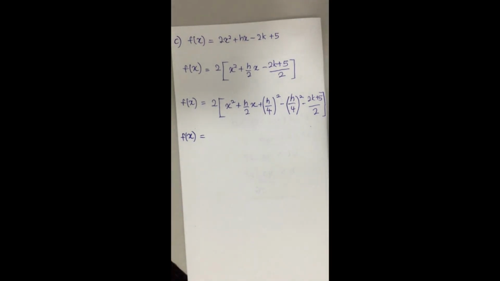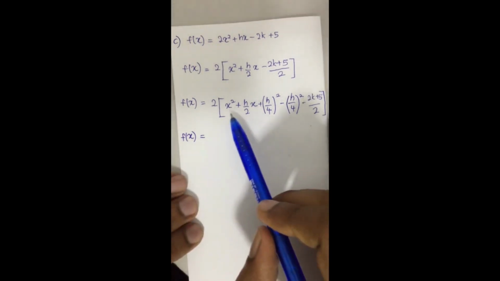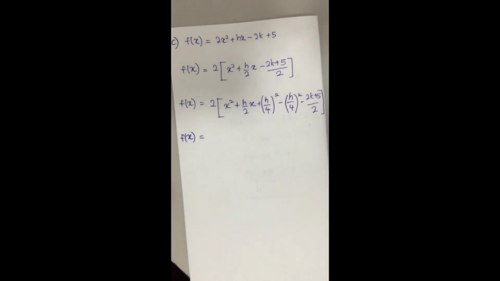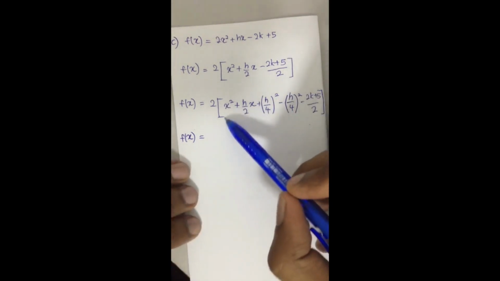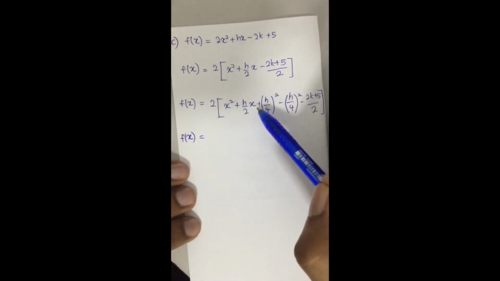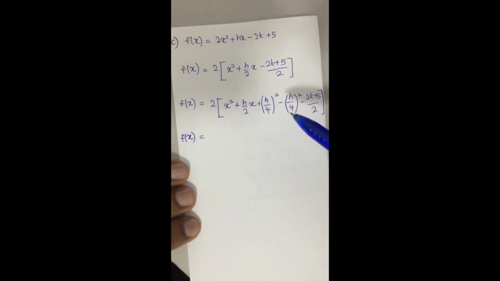That quadratic factor will be useful for us to find the axis of symmetry, guys. That is the reason we are reducing this expression into a quadratic factor of (x plus h over 4) squared. If you don't believe me, when you expand this (x plus h over 4) squared, you will get back the original expression again, which is x squared plus (h over 2)x plus (h over 4) squared.